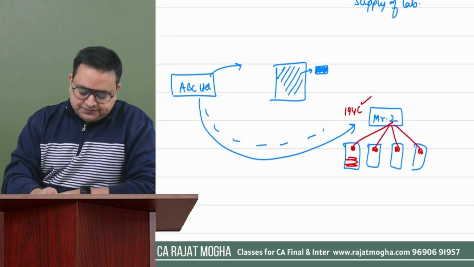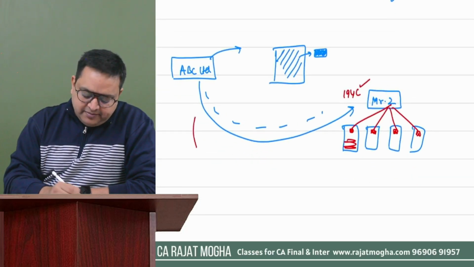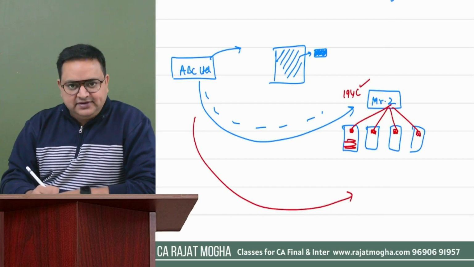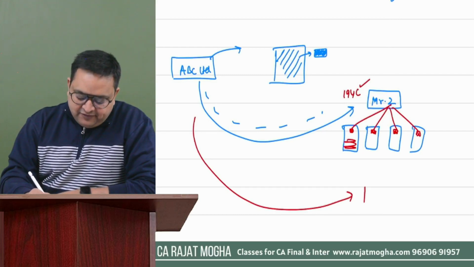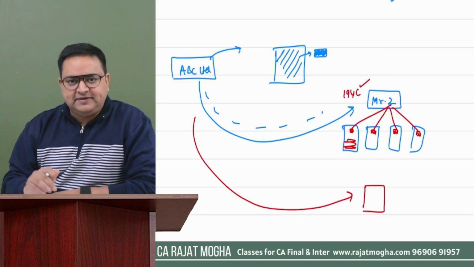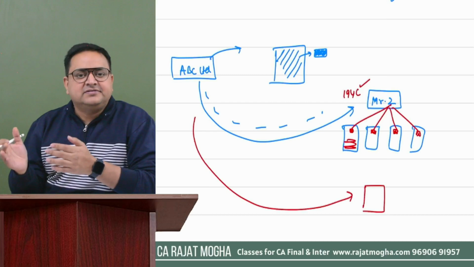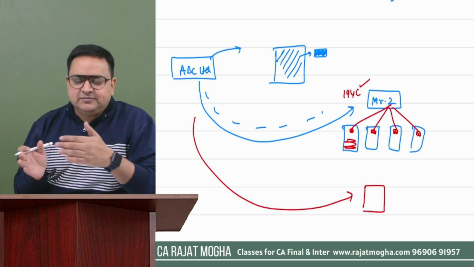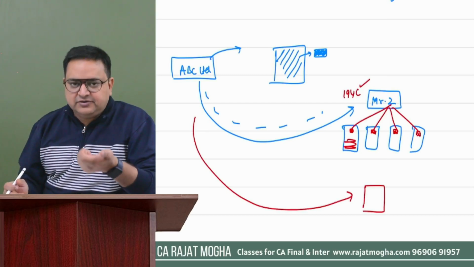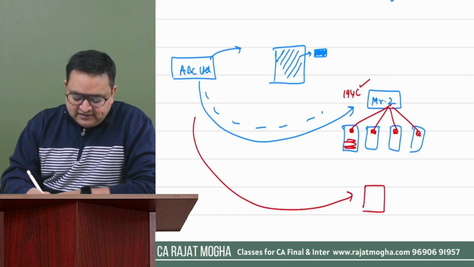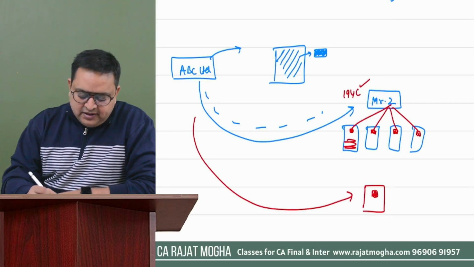But if I tell you that ABC Limited approaches Mr. Z, and they say to Mr. Z that we want diaries of these specifications, this much pages, this much dimensions, this much long, this much width. They give us the specification that we want diaries and we also want our logo printed. And from where will these diaries come?